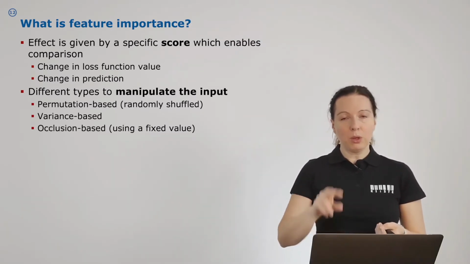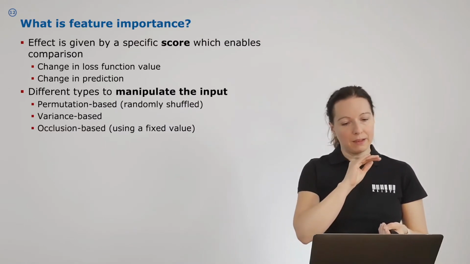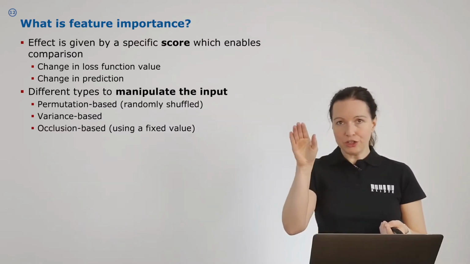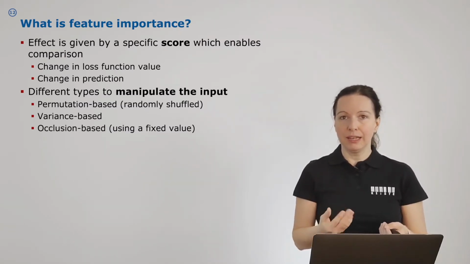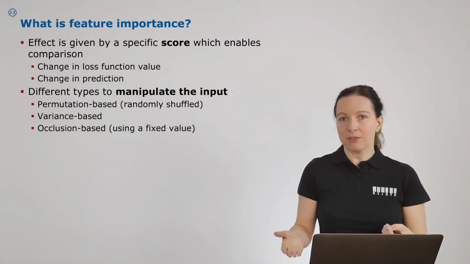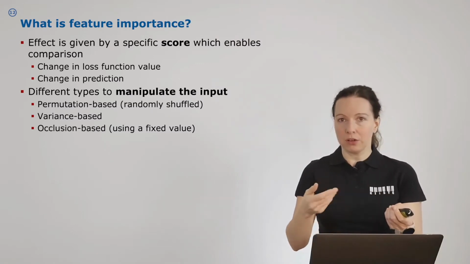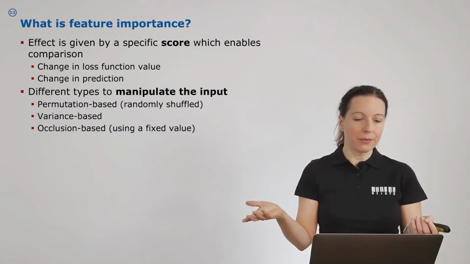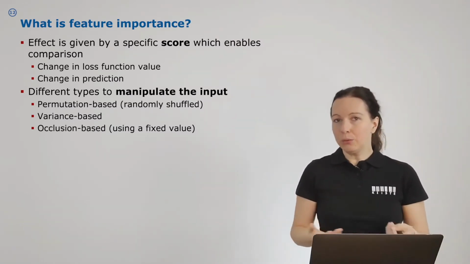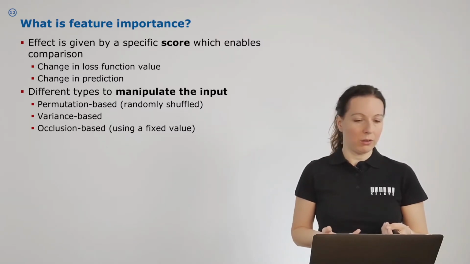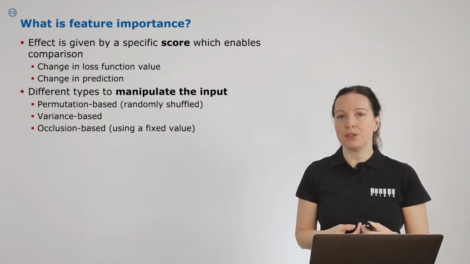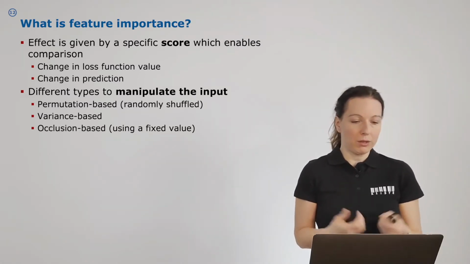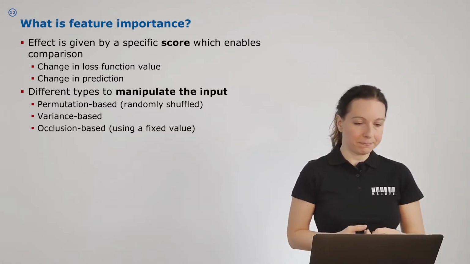For example, you can have quite a change in the loss function value, but no change in the prediction. And prediction means, for classification tasks, class 1 or class 2, class 3, and so on. So in the end, you need to decide what is good for your interpretation and the computation of the feature importance.